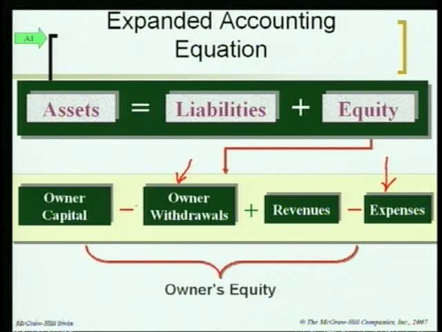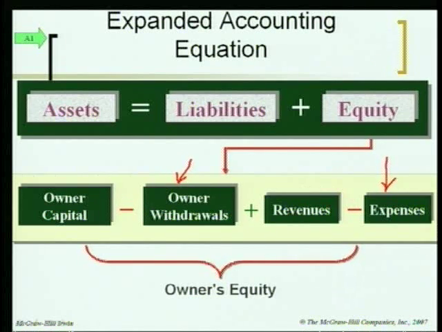Okay, what does that mean? What that means is as owner's withdrawals go up, equity actually goes down since it is subtracted, correct? As expenses go up, equity actually goes down since it's subtracted in arriving at equity. Does that make sense?